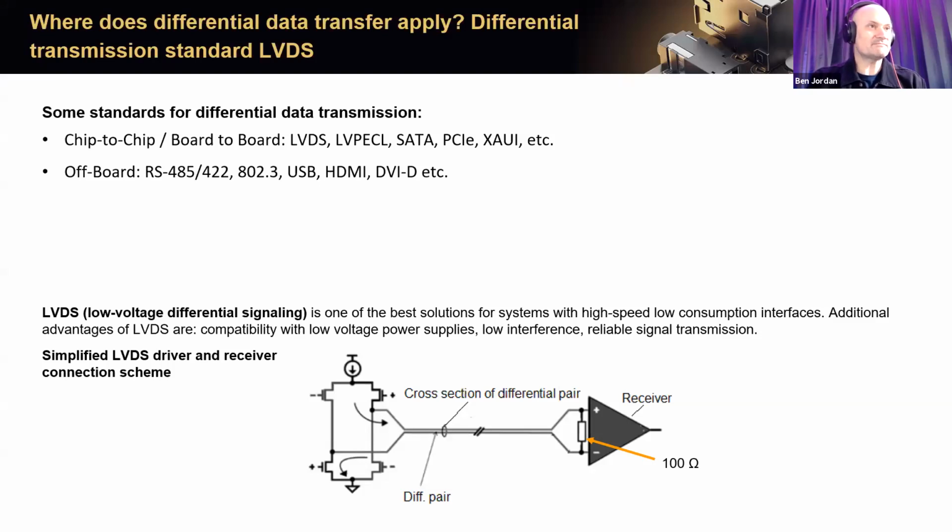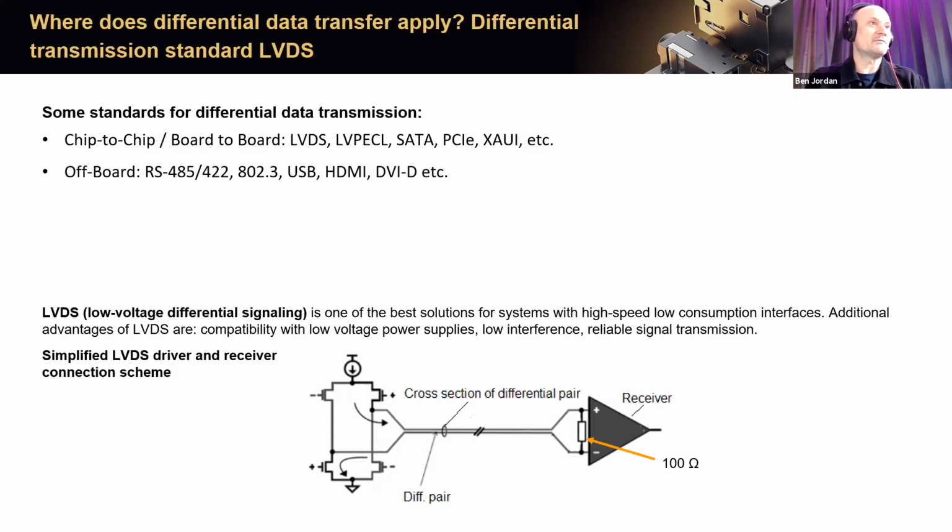And so we have various different standards from chip to chip or board to board, like LVDS, low voltage differential signaling, which is one of the most well-known ones. It's been around for a long time. Low voltage positive emitter coupled logic is typically signaled across boards, not always, but typically a differential pair. Serial ATA, which is used for mass storage devices on motherboards and such, PCIe, XAUI, there's numerous ones.